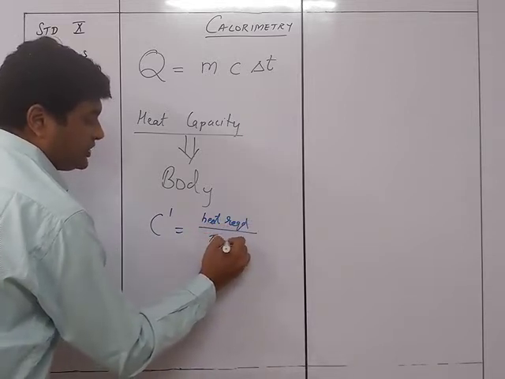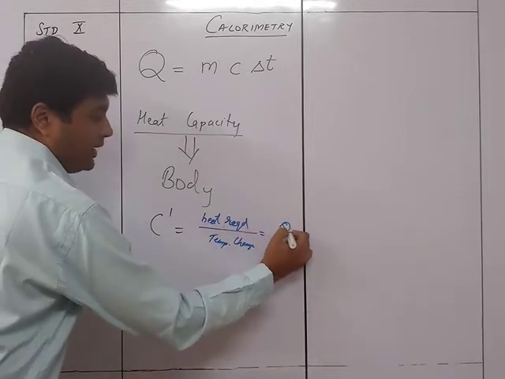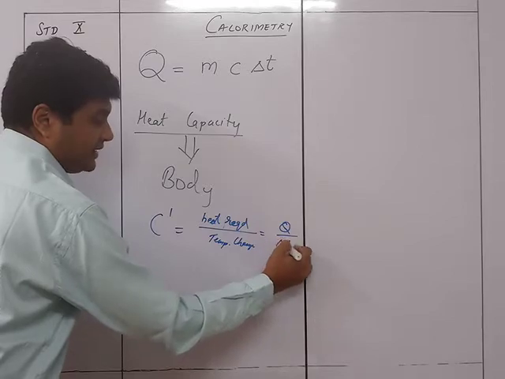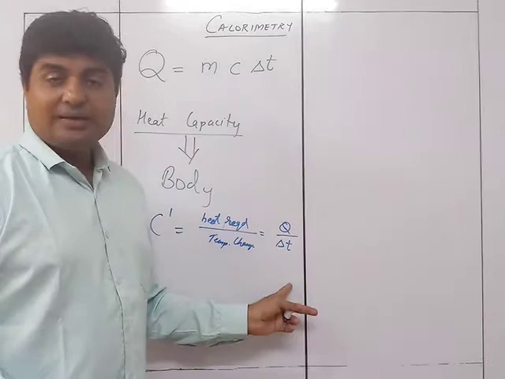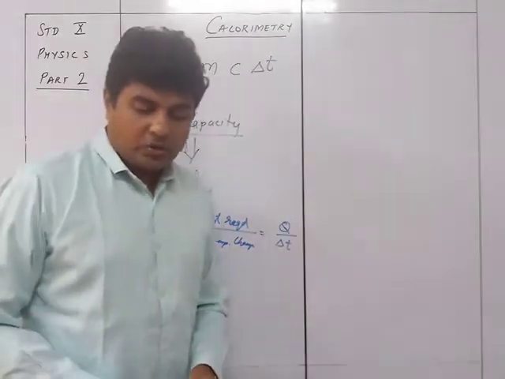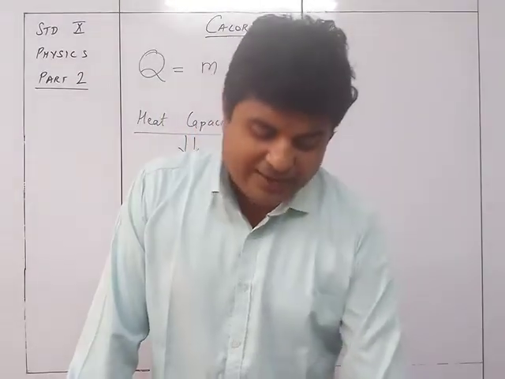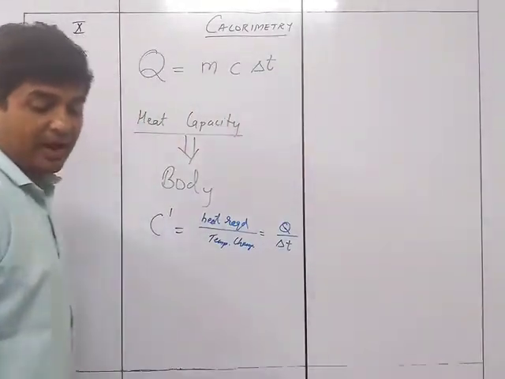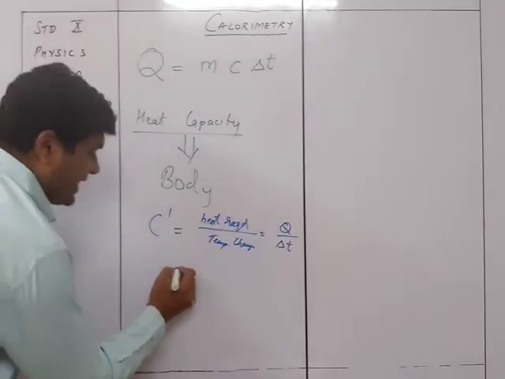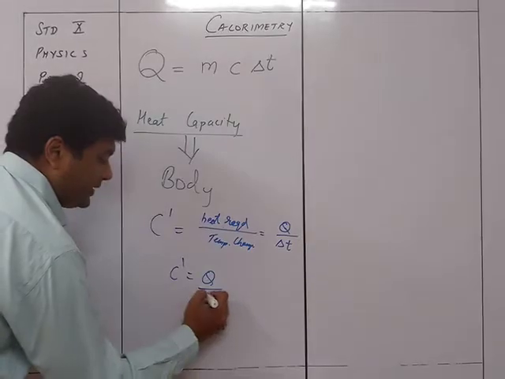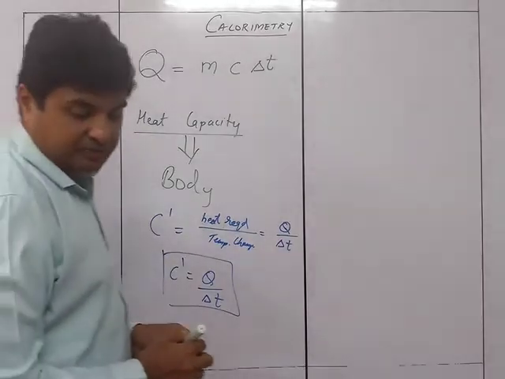So the heat required is Q, and the temperature change is delta T. So C dash is equal to Q upon delta T. If we are imparting an amount of heat Q to the body and its temperature rises by delta T degree Celsius or delta T Kelvin, then the heat capacity C dash is equal to Q upon delta T. That is the formula for the heat capacity of a substance.